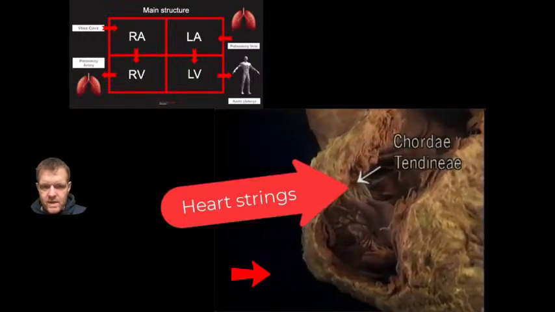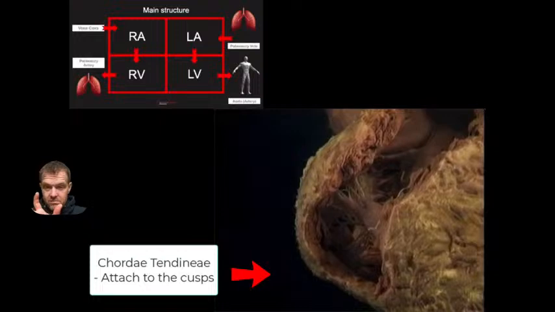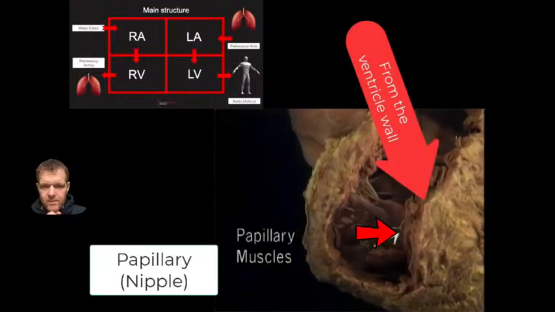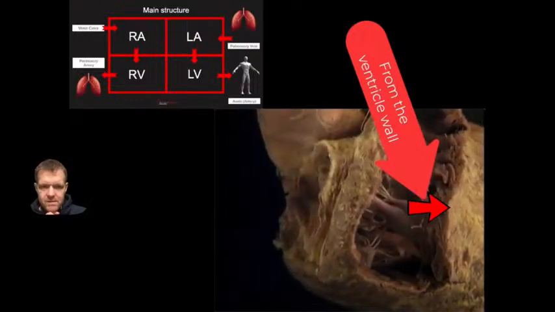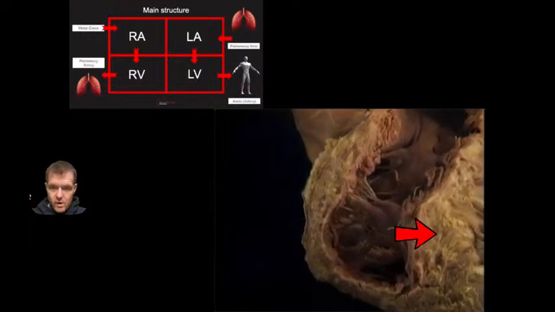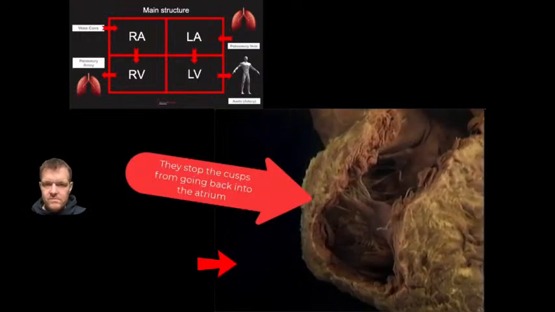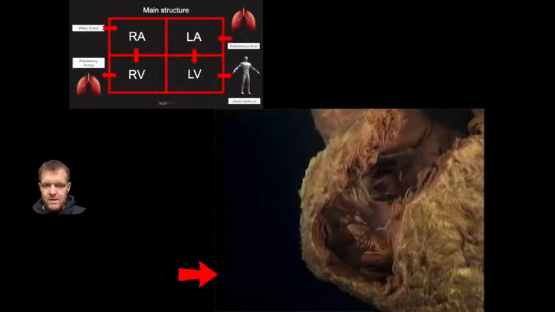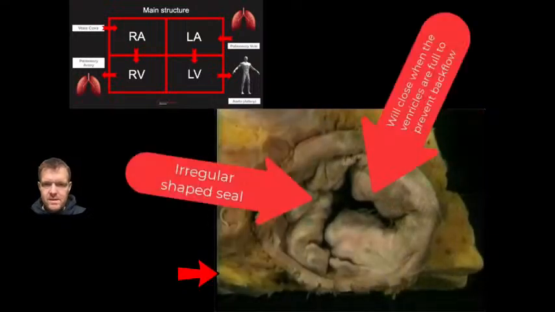Those are your heartstrings, and they attach to the underside of the cusps. When the papillary muscles contract, they come from the ventricle walls, and they pull open the valves. They also stop blood flowing back, so they relax and then the cusps shut.